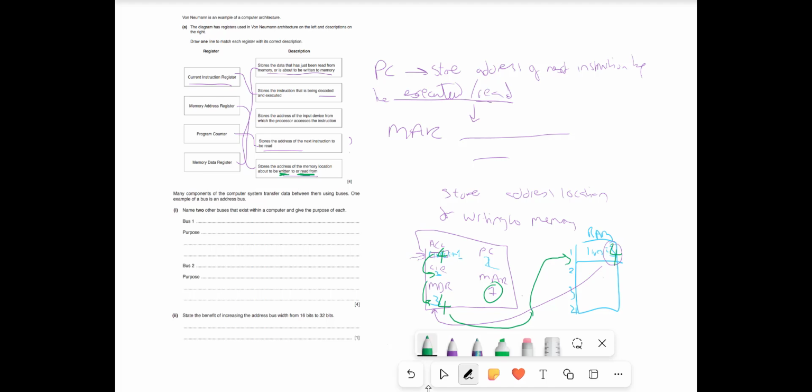Our next question: there are 2 other buses that exist apart from the address bus, the data bus and the control bus.